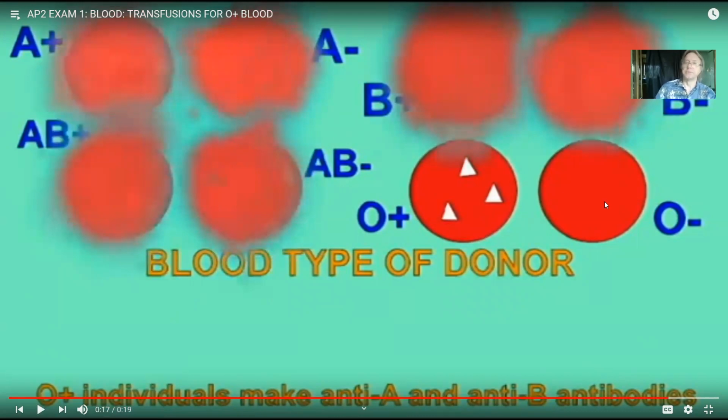Now, once again, some students try to make a chart, they try to reason through it. Wait, can the O positive receive O negative? But the easy way is, once again, you ask, what antibodies does the O positive individual make? They make anti-A, they make anti-B. Notice that if you don't make anti-Rh antibodies, you don't care.